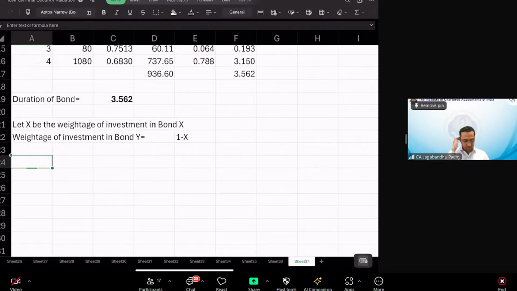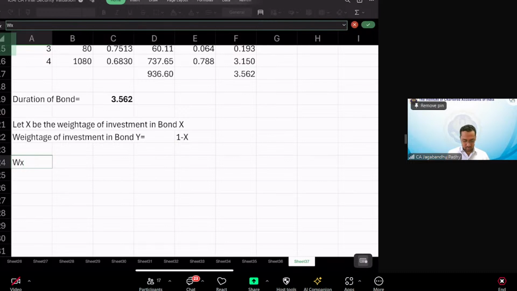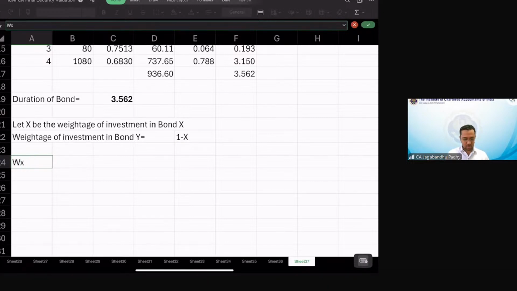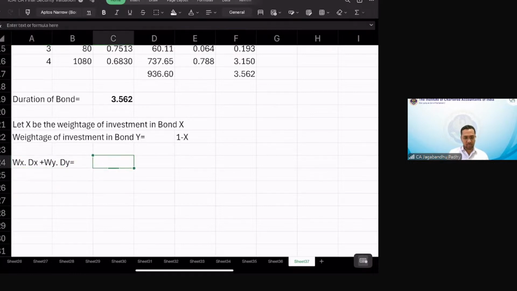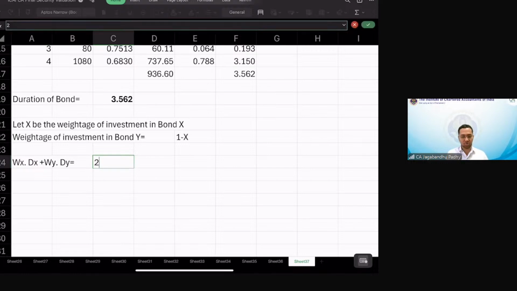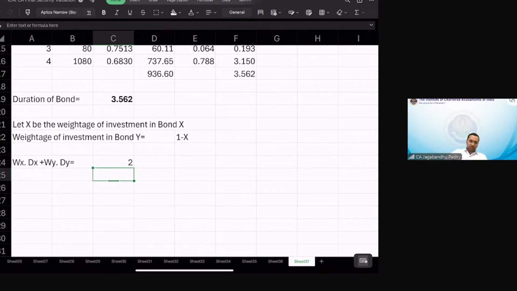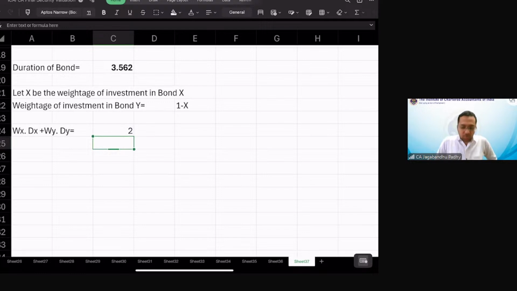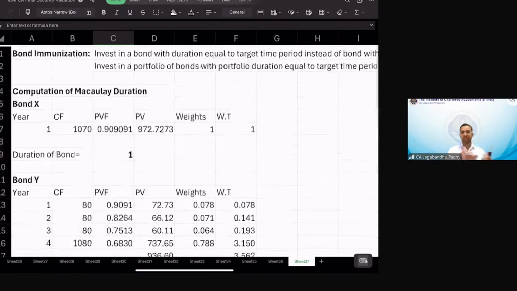So as I said, weight of X multiplied by duration of X plus weight of Y multiplied by duration of Y, can I say it should be equal to 2? Correct, guys? The weighted average should be equal to 2 because that is what my bond immunization strategy is talking about.